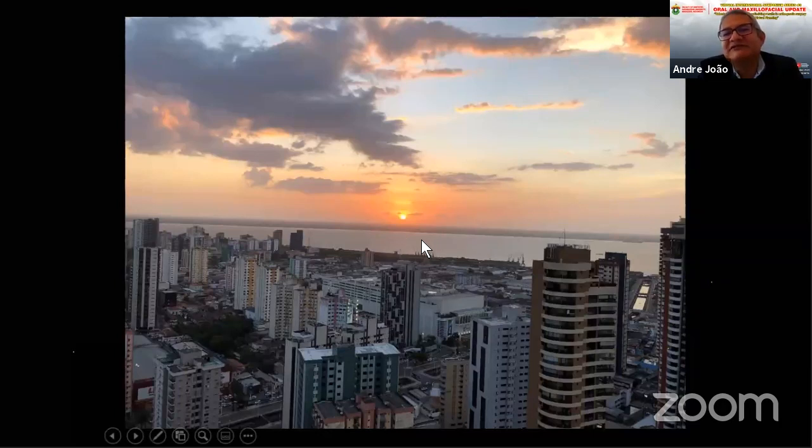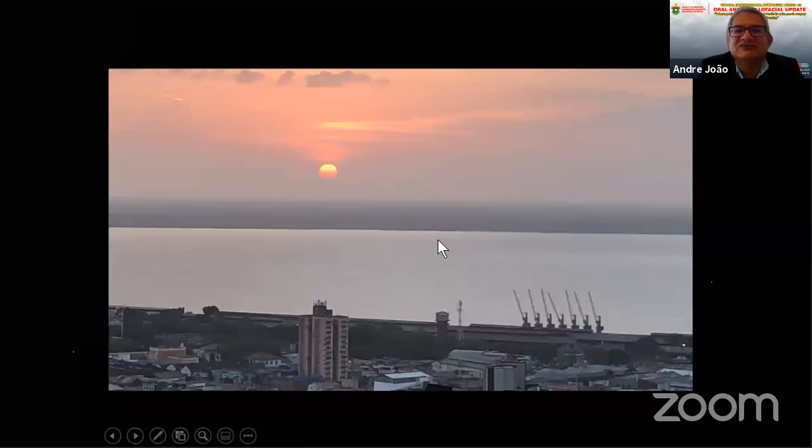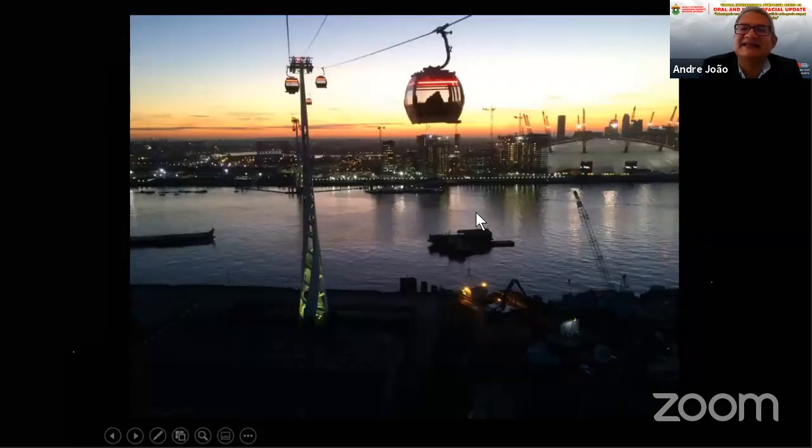The Amazon River passes in front of Belém, in front of my city. In close, you can see the Amazon River and the rainforest, the Amazon forest. And here, Annie, you remember, this is the Thames River. Yeah.